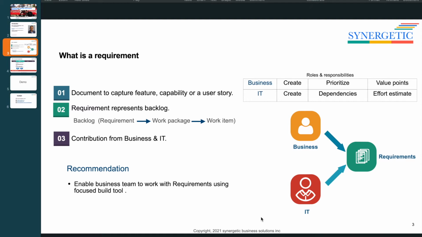Now, the important thing about a requirement is that it is the beginning of the requirement to deploy process. And it is something which both business and IT have to work on collaboratively. They have different responsibilities. Business has a responsibility to prioritize and rank them with the value points and all that, whereas IT has a responsibility to give effort estimates and also identify dependencies.